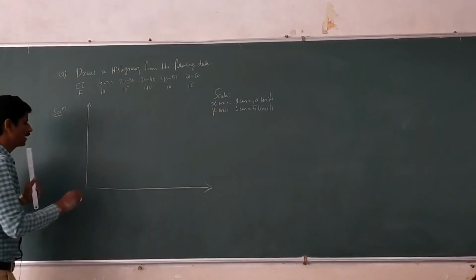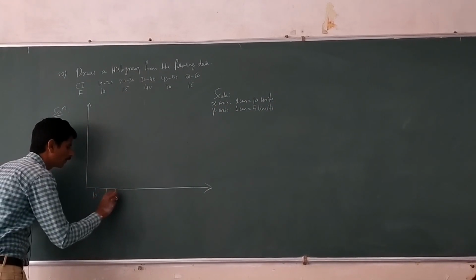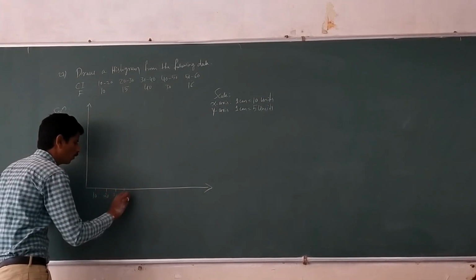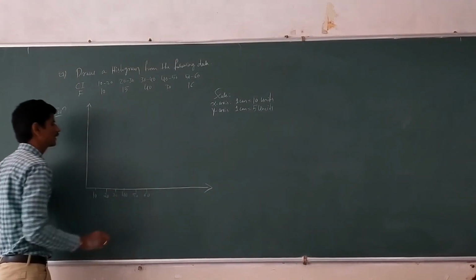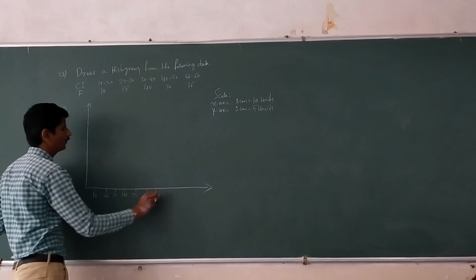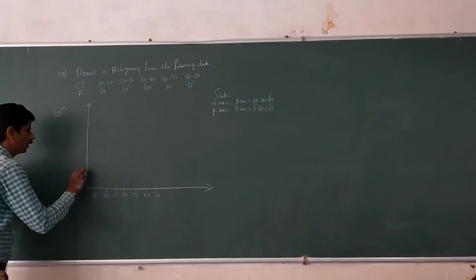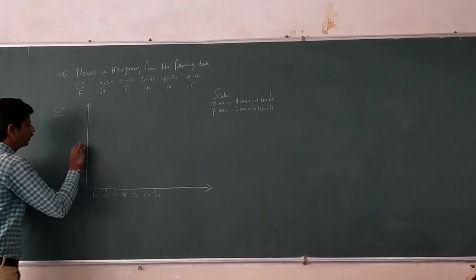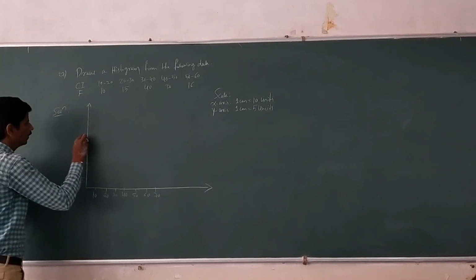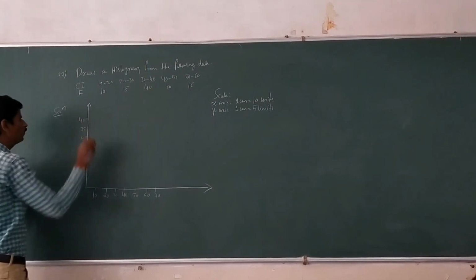Here the x-axis is 10, 20, 30, 40, 50, 60 and 70. Okay, the next, y-axis 5, 10, 15, 20, 25, 30, 35 and 40.